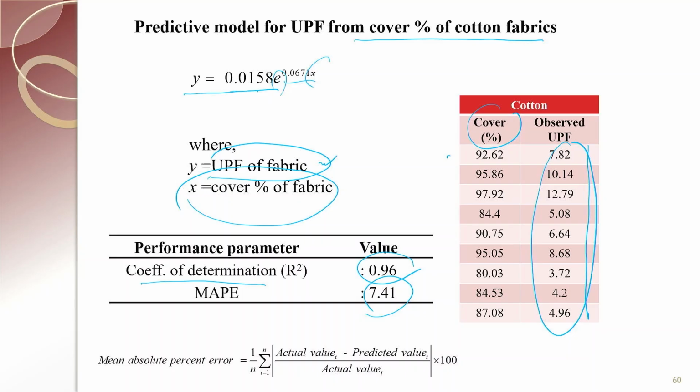So, that is the UPF prediction from cover factor in case of cotton. If we know the cover factor, we can predict the UPF value here. The cover factor can be calculated from the structural parameters, or by the yarn spacing, and accordingly for cotton we can predict the UPF value using this equation.